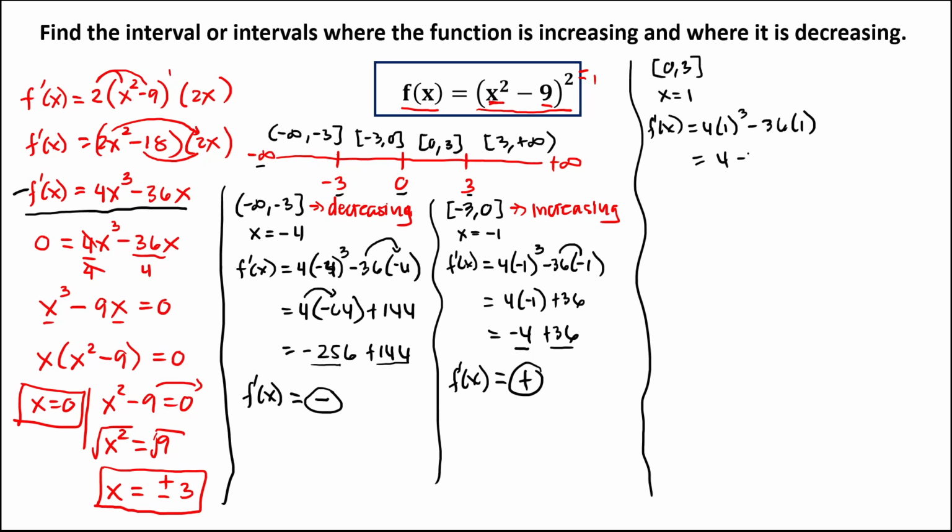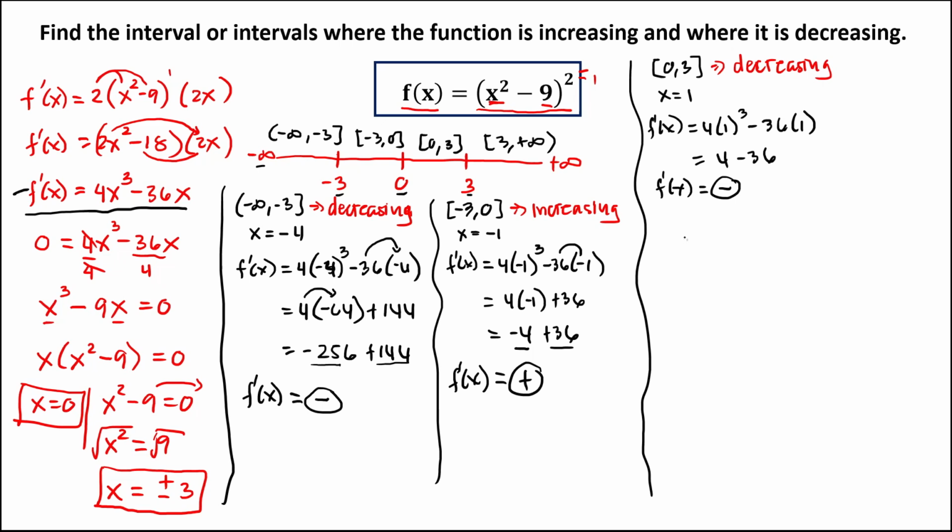This becomes 4 minus 36. Therefore f prime of x is negative, so this interval is decreasing.